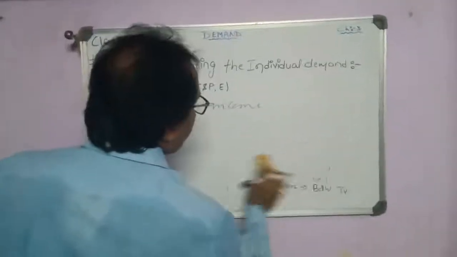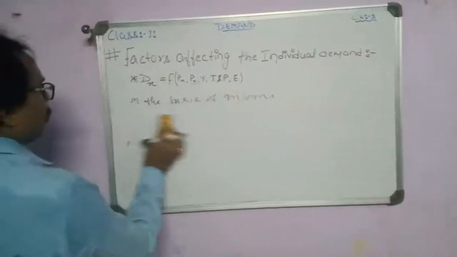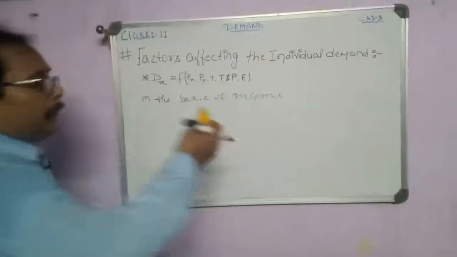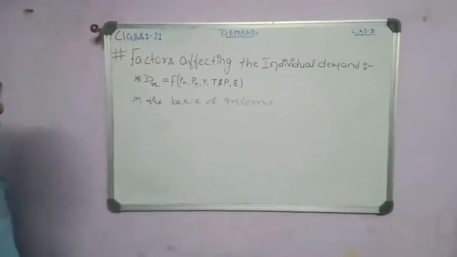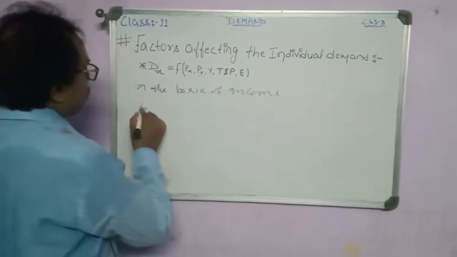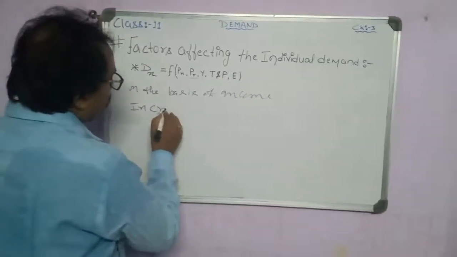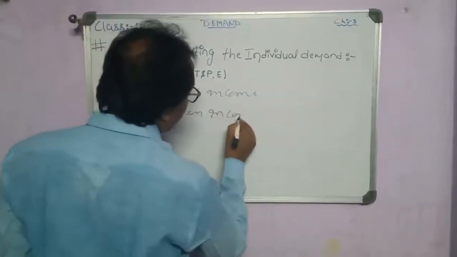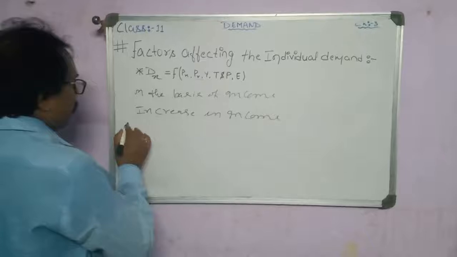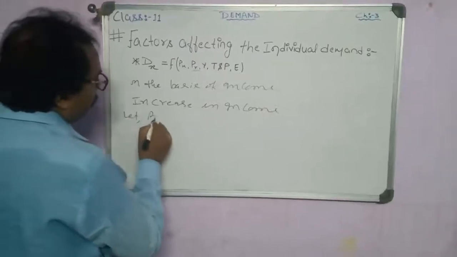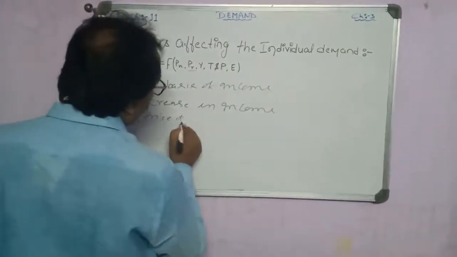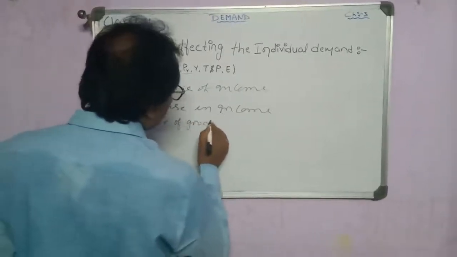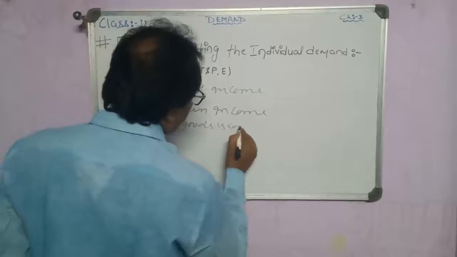So first I am going to discuss the normal goods and inferior goods. Okay, so first, increase in income. Let the price of goods be constant.